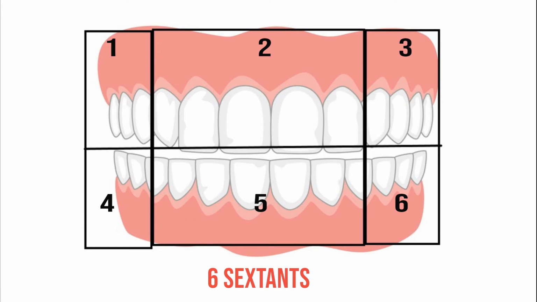The sextants are divided into the following: from the upper right second molar to the upper right first premolar, the lower right second molar to the first premolar, anteriorly from the canine to the other canine, lower from one canine to the other canine, upper left from the second molar to the first premolar, and on the lower left from the second molar to the first premolar.